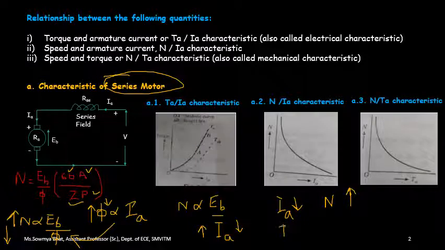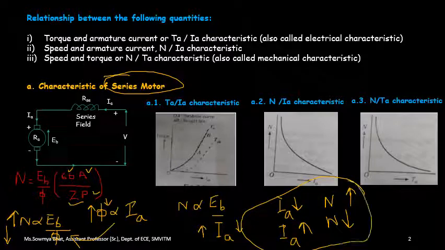When IA is increased, that is for heavier loads, speed will get decreased. So if you see this relationship, armature current as well as speed of the DC motor are inversely proportional to each other.